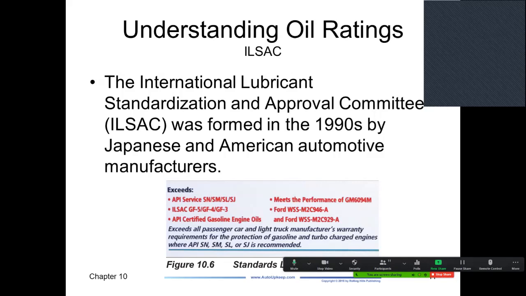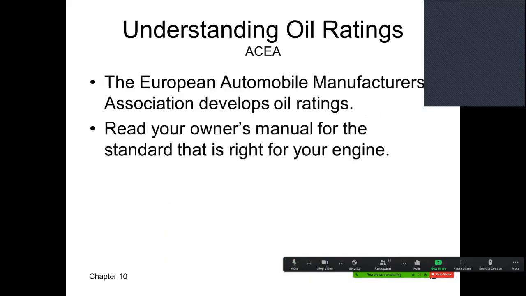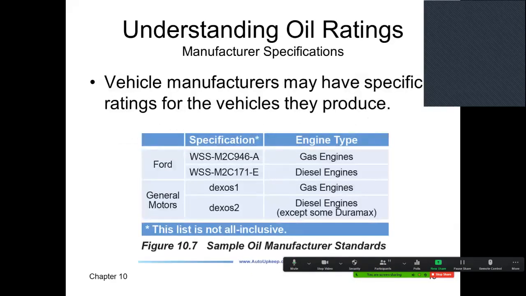And this is very, very important for diesel engines, especially. And then, of course, Europe's got their own, and then the manufacturers have their own specifications. Since they are the ones that design the engines, they will have their own specification for their engines. And then somebody like Castrol or Valvoline or Mobil will make or design an oil that meets or exceeds these specifications from the engine manufacturer.